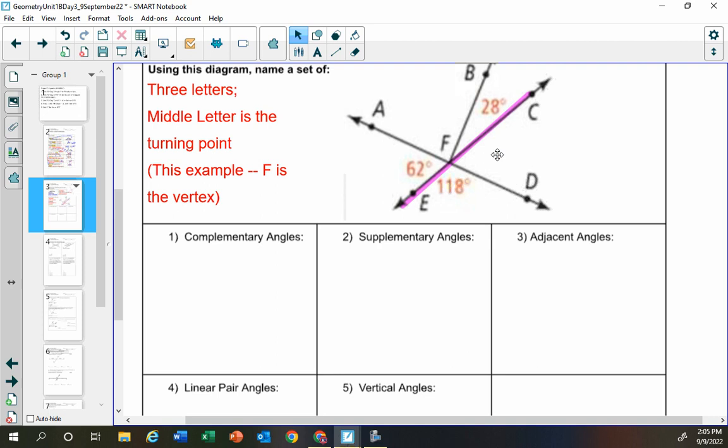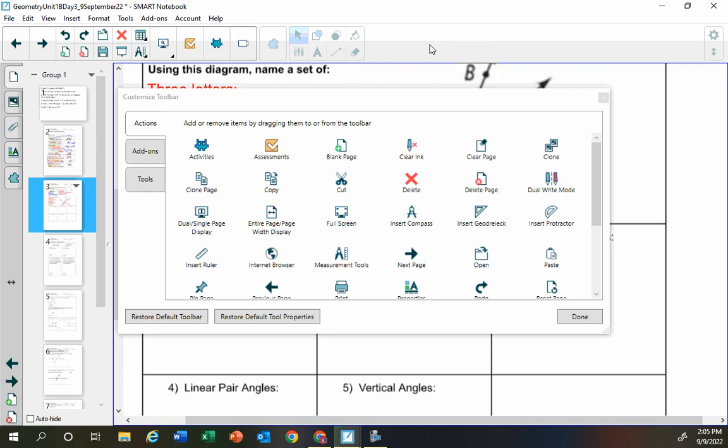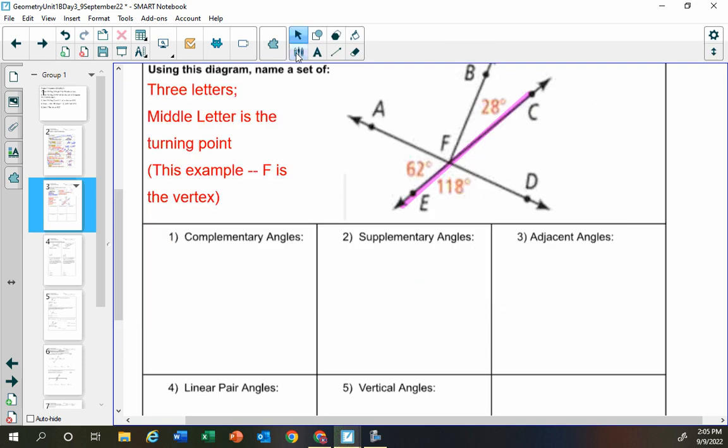So this angle plus this angle has to add up to 180. Sorry about that. So this angle plus this angle, whatever this is, we'll just put a blank here, adds up to 180.